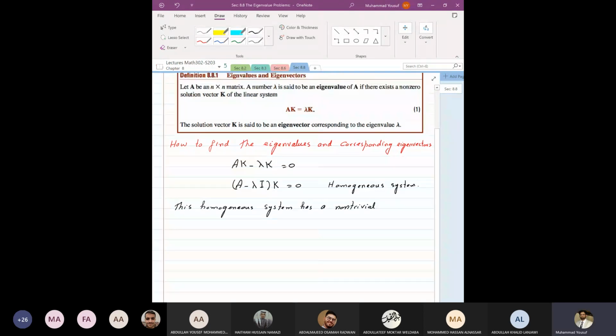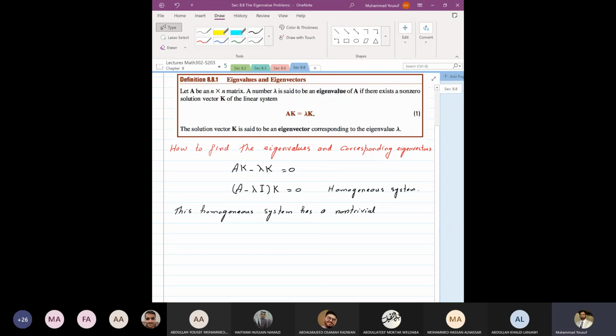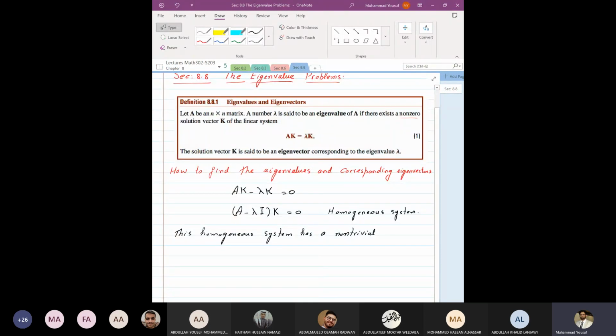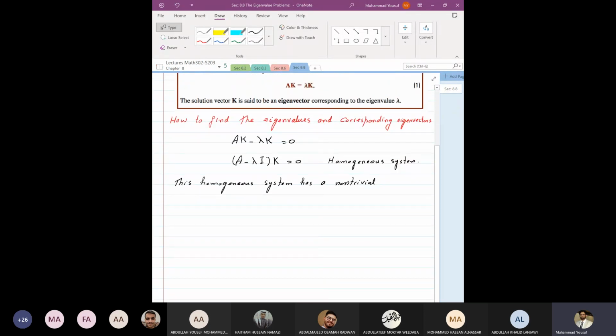It is written here. Let me put an underline in red color. If there exists a non-zero solution vector K, that is, K is non-zero, meaning non-trivial. So this homogeneous system has a non-trivial solution, that is, non-zero K.